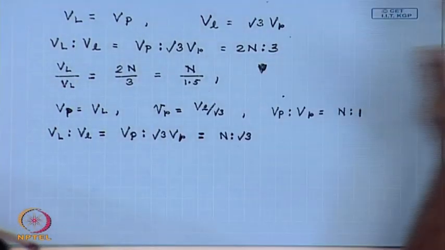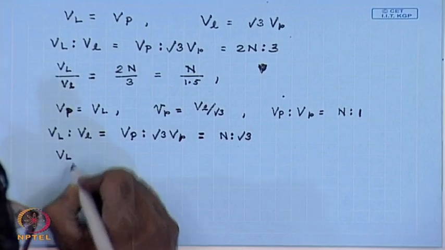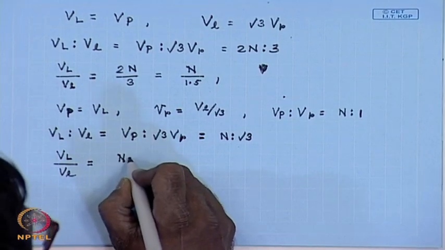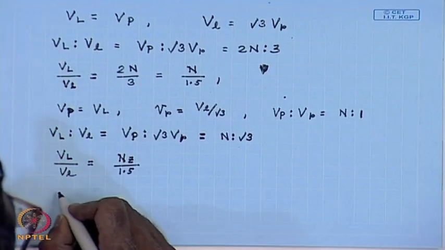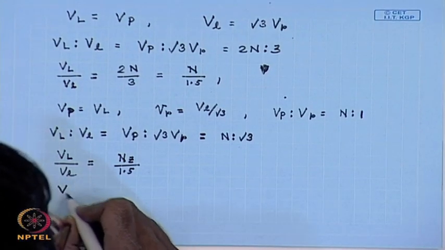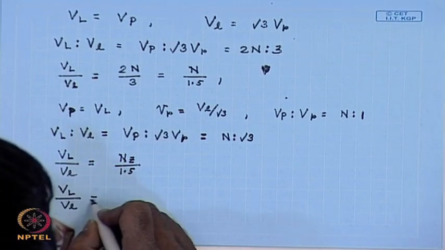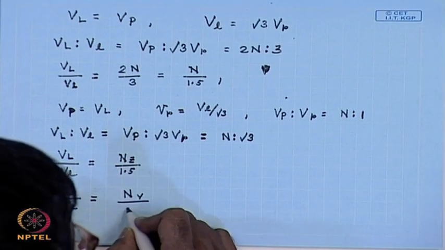Suppose I have two transformers, one is delta zigzag star with turns ratio n_z. So, V_L to v_L is n_z into 2 by 3, that is n_z to 1.5. In the other case, I have the same line voltages, but with delta normal star. This is n_y by root 3.